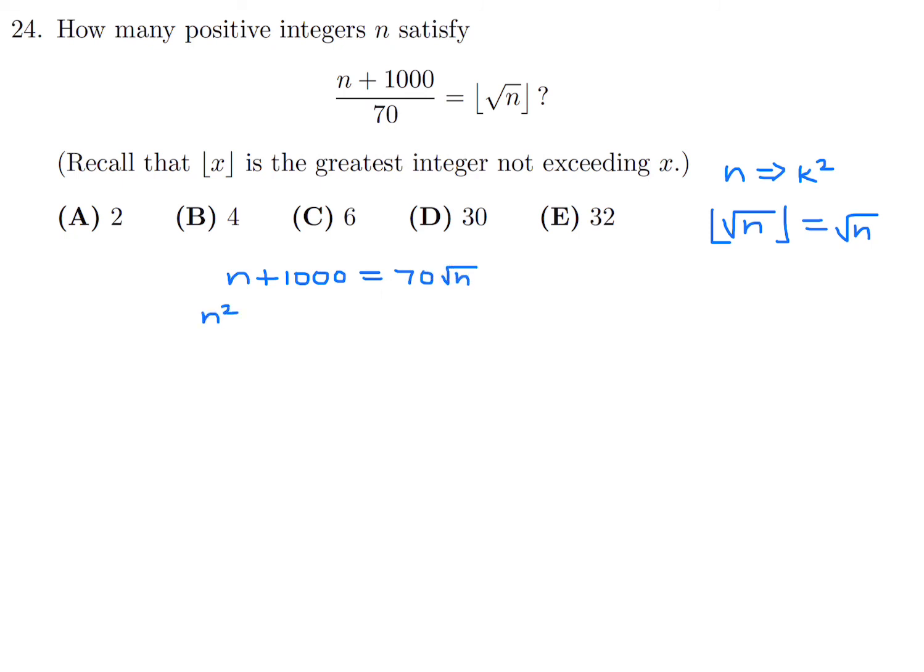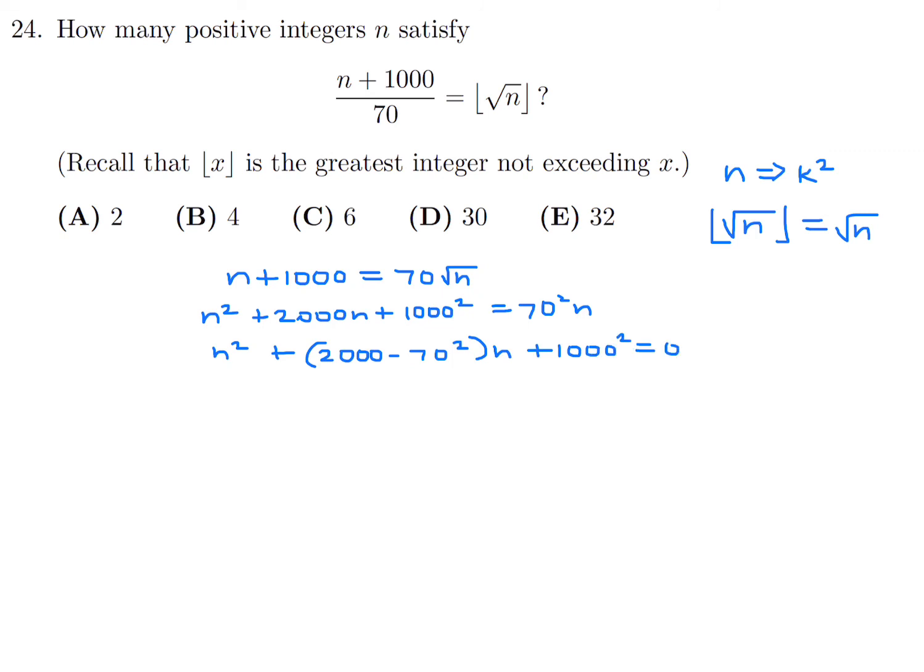Square both sides and you get n squared plus 2,000n plus 1,000 squared is equal to 70 squared times n. If you bring everything to one side, you get n squared plus (2,000 minus 70 squared) n, the coefficient for n, plus 1,000 squared equal to 0.